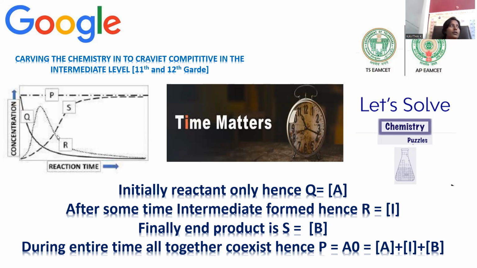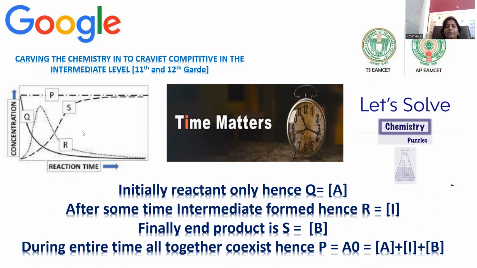During this kind of reaction, P is mentioned there. At this instance of P, a certain amount of reactant will be there, some intermediate compound is generated, and a certain extent of product is also formed. There is a coexistence of reactant, intermediate, and product together.